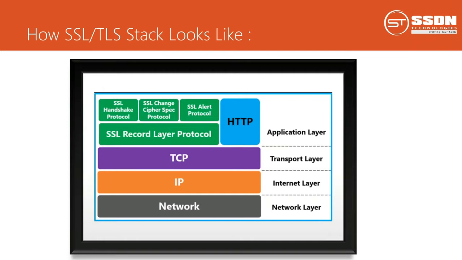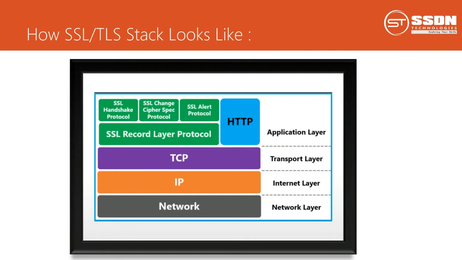So there would be the network layer, the IP internet layer, and TCP, which would be the transport layer. And above that transport layer, we have the application layer, and in that application layer we have the SSL record layer protocol. And whatever data we have in the application layer is encrypted.